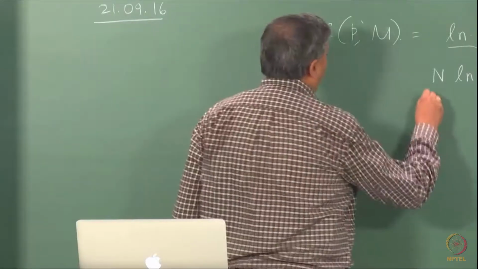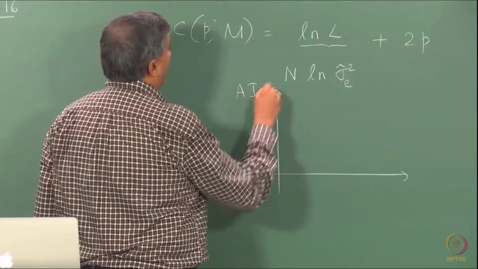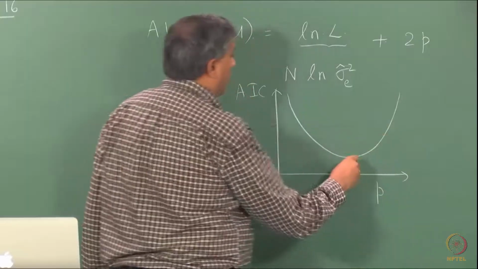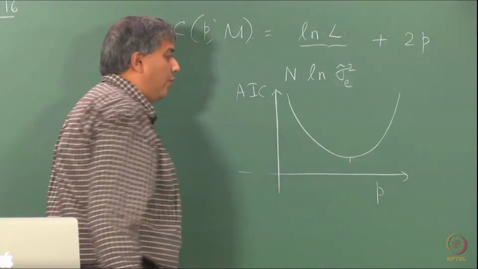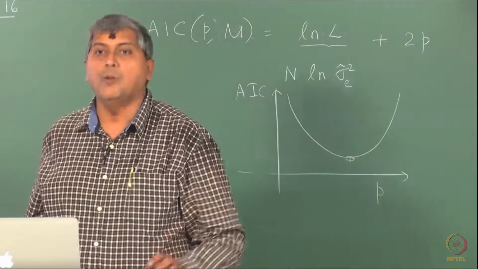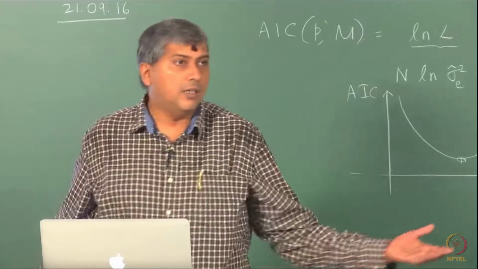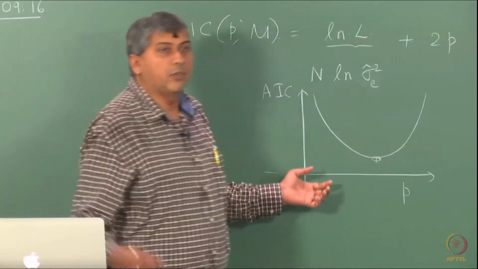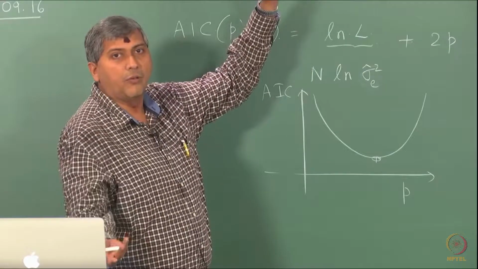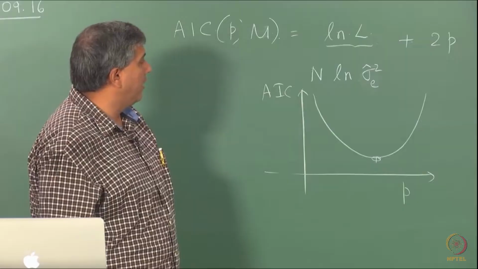If you were to plot AIC versus P, that is the number of parameters, ideally Akaike expects to see this kind of a point there, and we are seeking this point because this is the kind of optimal trade off that you have achieved. If I have a model with very few parameters or no parameters, then the first term is going to be very high because you have not done a proper job of fitting the data.